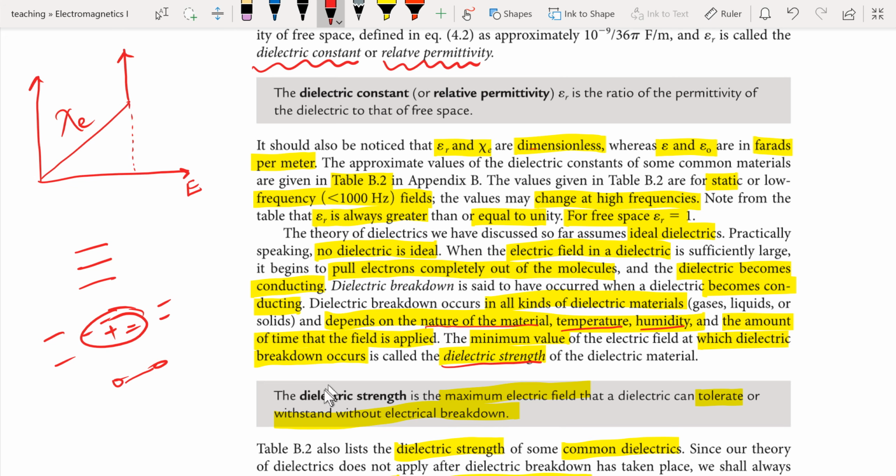We say that the maximum electric field that a dielectric can withstand without breaking down is called the dielectric strength.